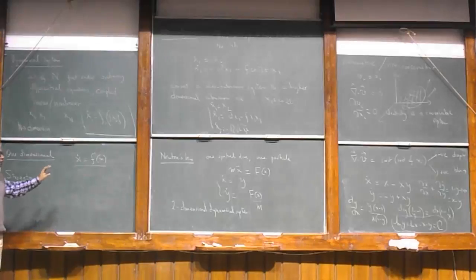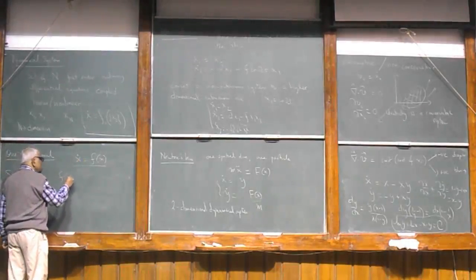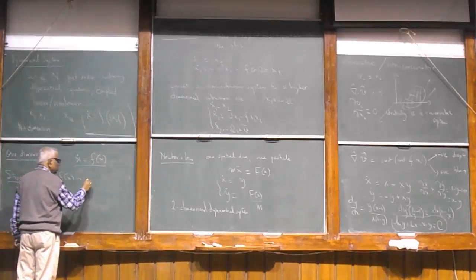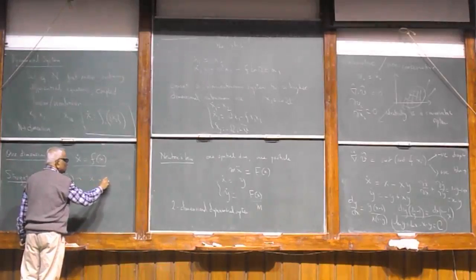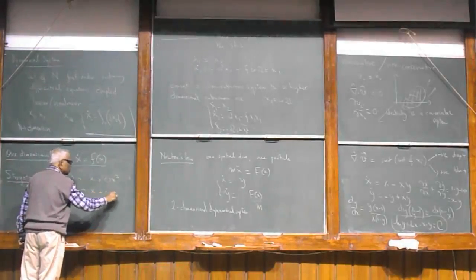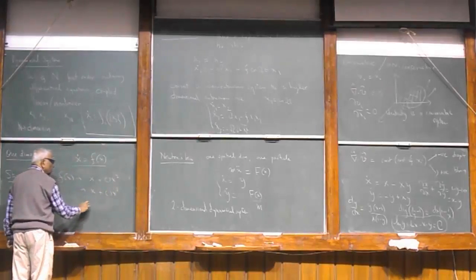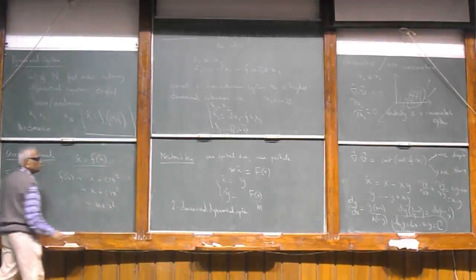So it's worth our while to stop for a minute. We'll be talking about f(x), which is a quadratic function, that is x plus something into x squared, or a cubic, or something constant plus x squared, and so on and so forth.